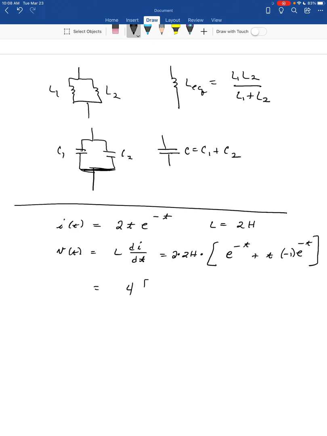So if I rearrange that, I get 4 times e to the minus t minus t e to the minus t. Okay, and that is in volts. And I could simplify a little bit further if you wanted to: e to the minus t times (1 minus t).